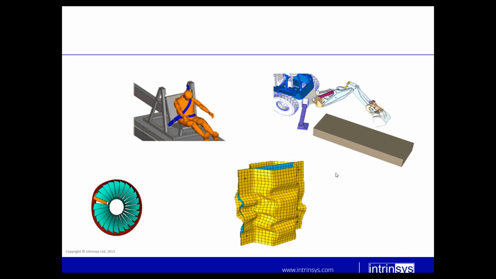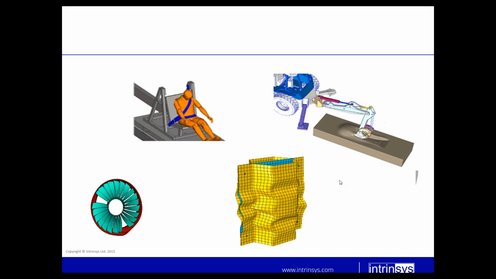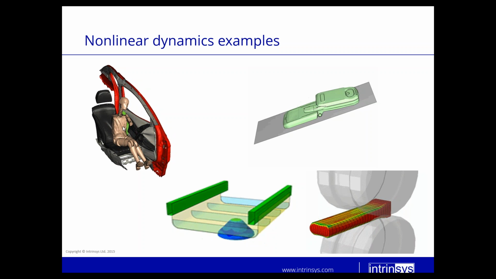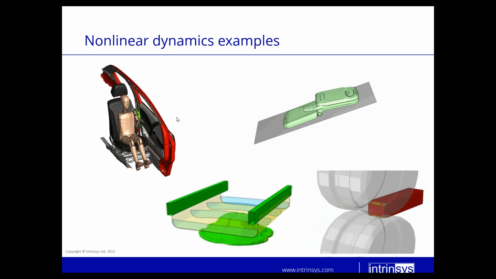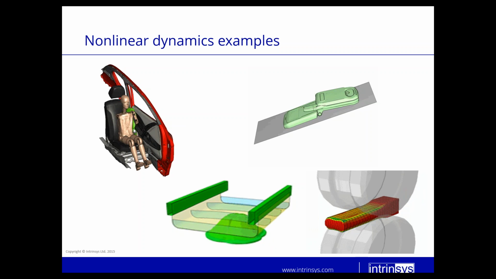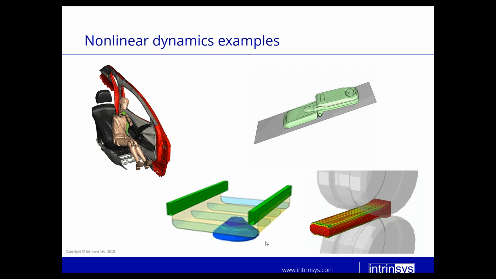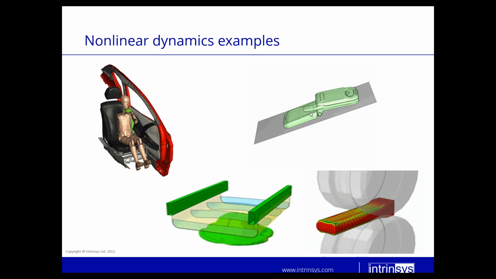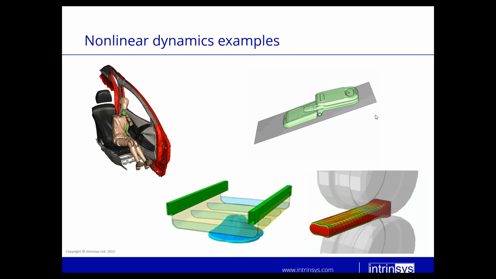So again, this is something you can simulate with nonlinear dynamics. Again, another perfect example of crash: car side crash and airbag inflation. This is a blast type analysis, or drop of a consumer electronic device.